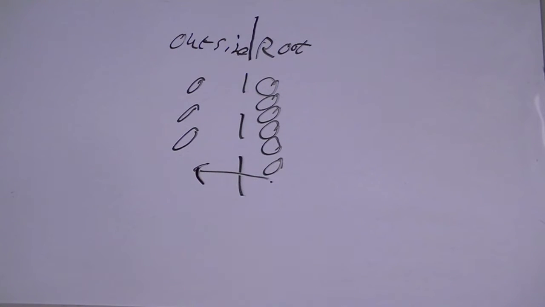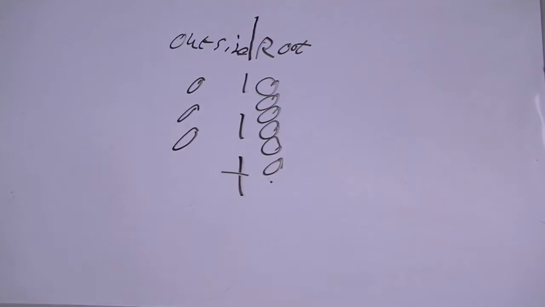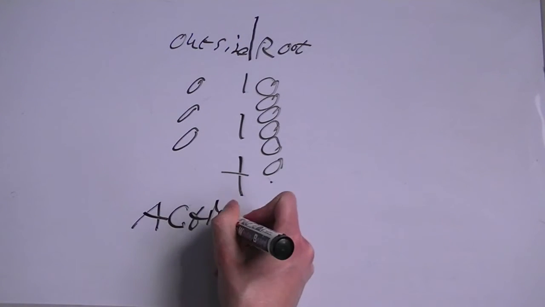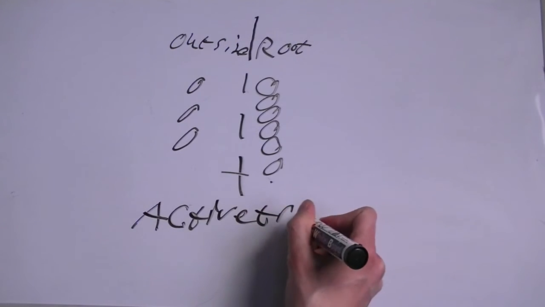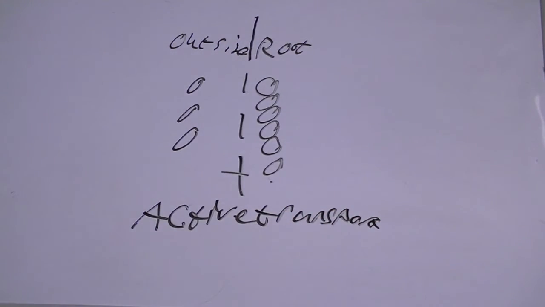However, the plant obviously doesn't want this to happen. So, it uses something known as active transport. That's a space there, by the way. I apologise for that. So, active transport.